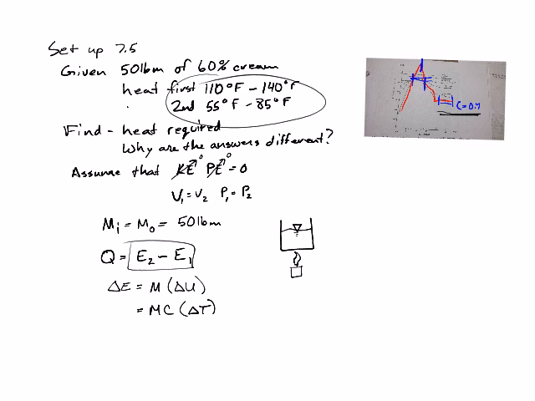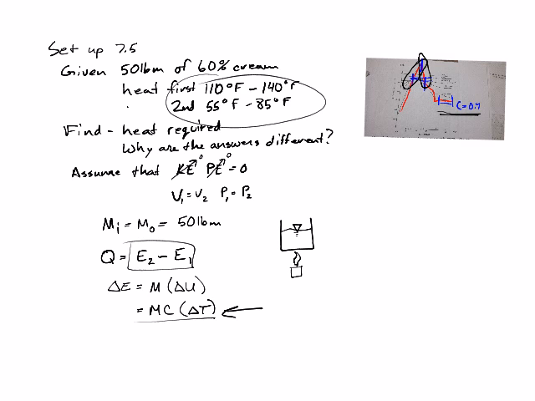Now we use this same equation to do the second part, the 55 to 85 portion. For that portion, you're going to take an average of your C value between these two points and an average of your C value between those two points, and you just add those together. So you go back to this same basic equation, m C delta T.